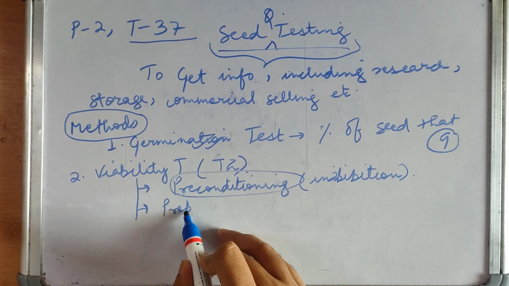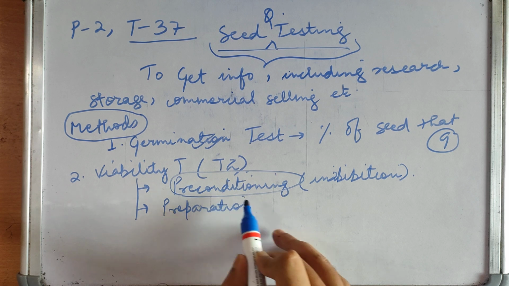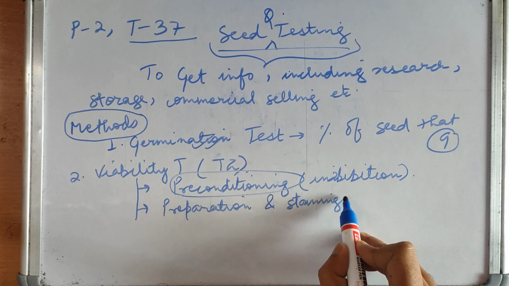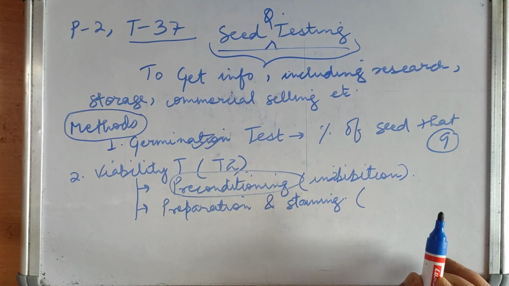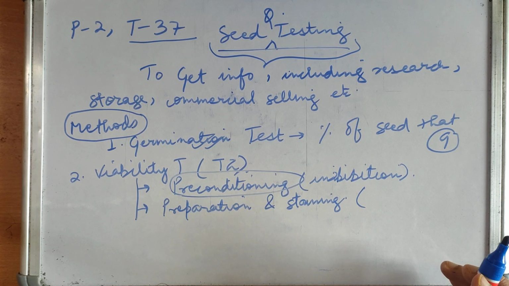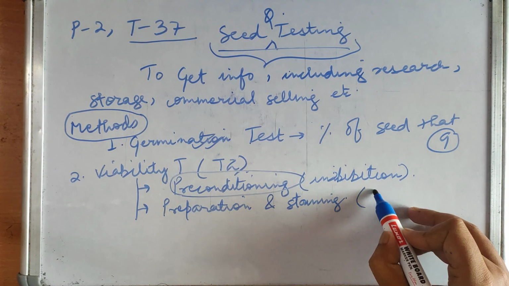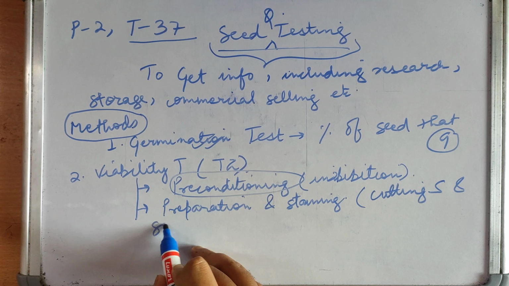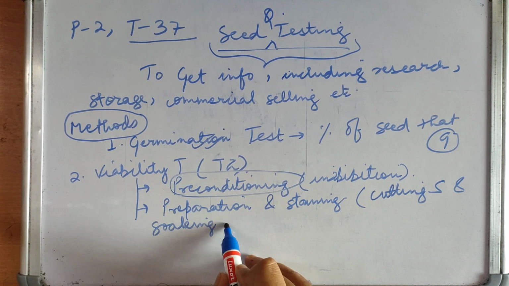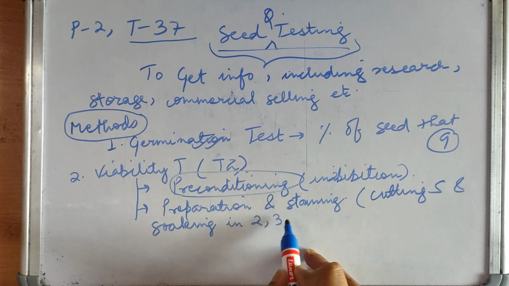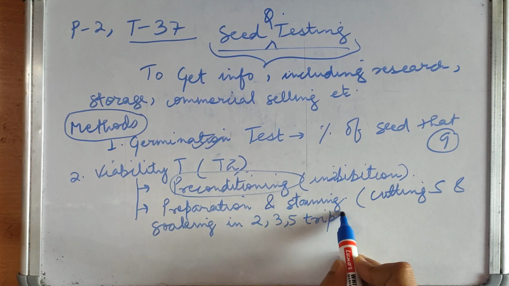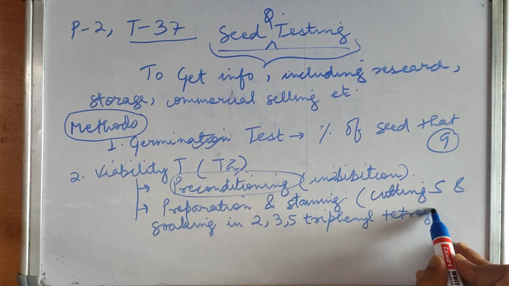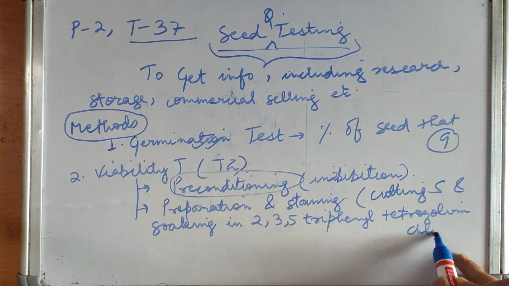Second one is preparation and staining. Here we cut the seeds and soak them in 2,3,5 triphenyl tetrazolium chloride.